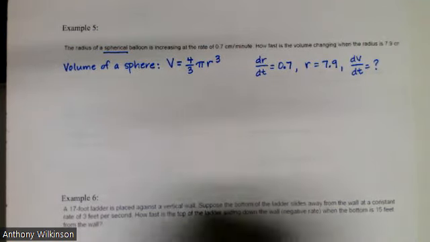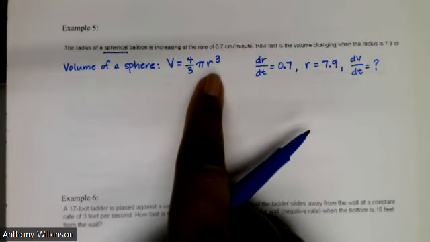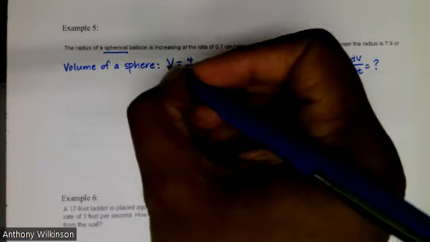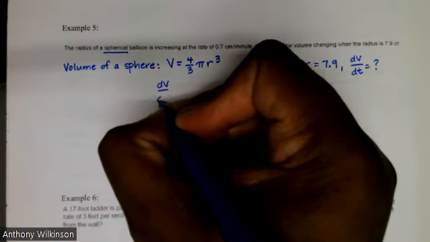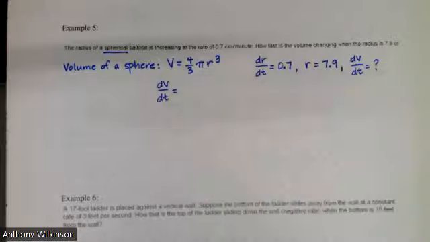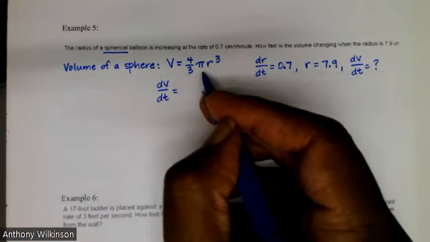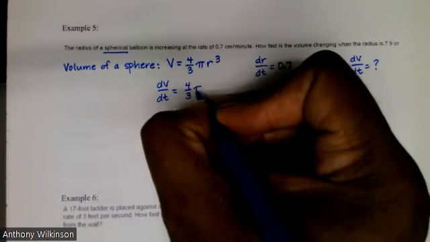Okay, so since our volume formula is this, let's differentiate this with respect to time. So the derivative of V will be dV/dt. 4/3 and pi are going to be constant. So I'm going to bring down the 4/3 pi.